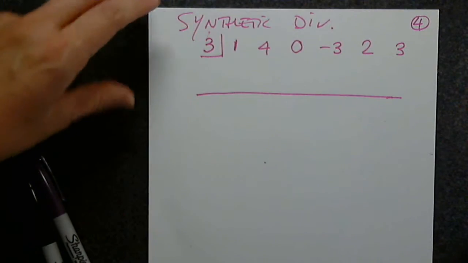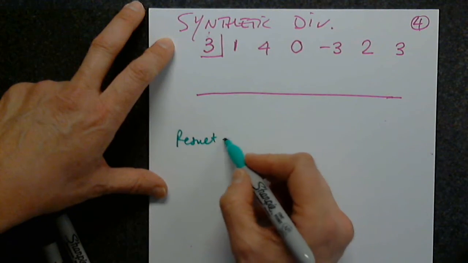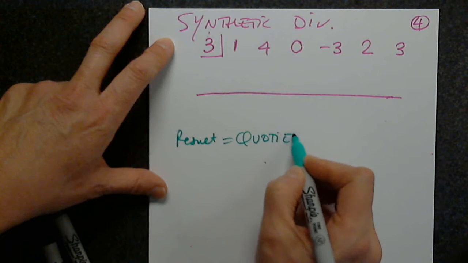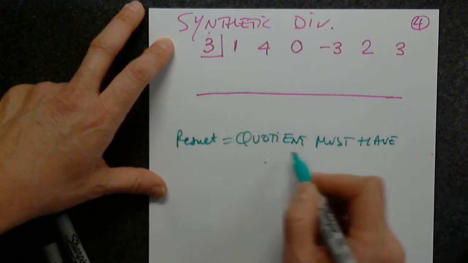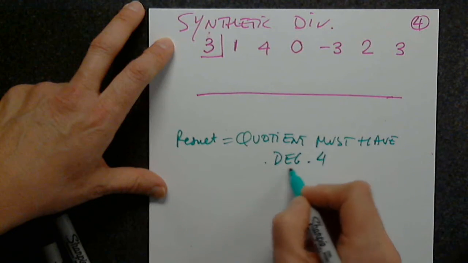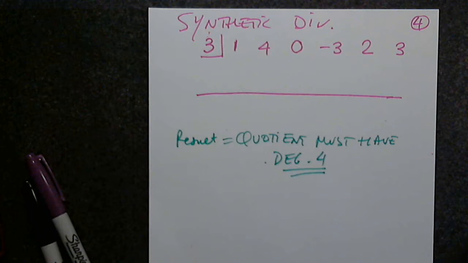So we expect degree 4. So the result or quotient must have degree 4. Is that clear? The polynomial at the top has degree 5. The polynomial at the bottom has degree 1. The answer must be degree 4.